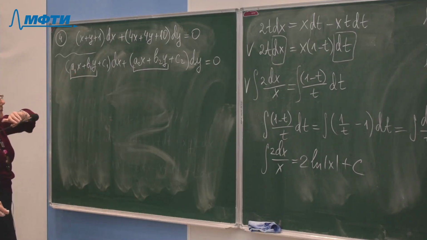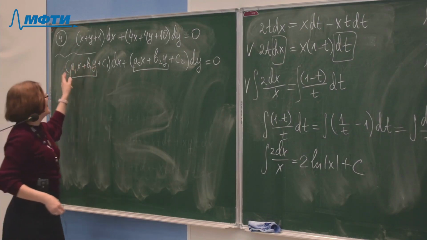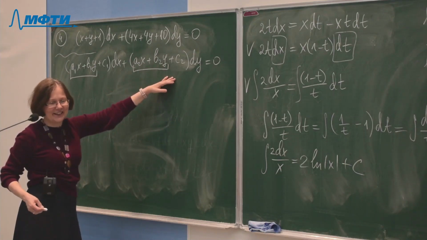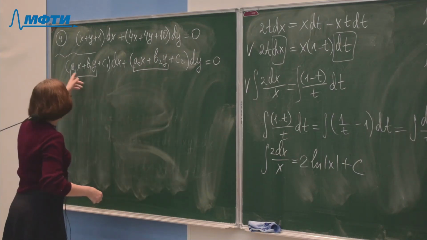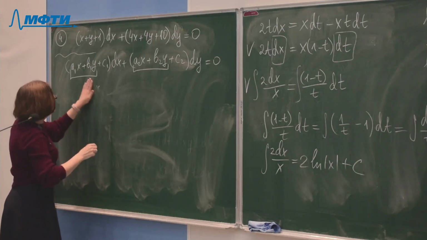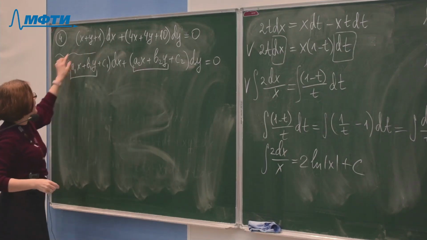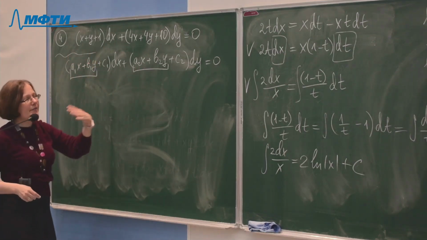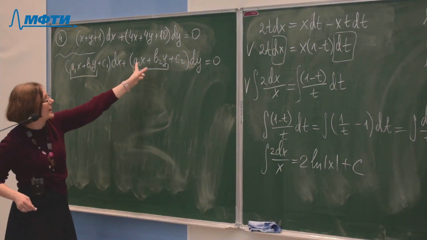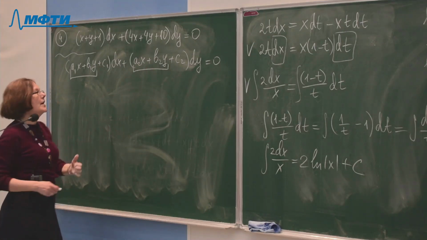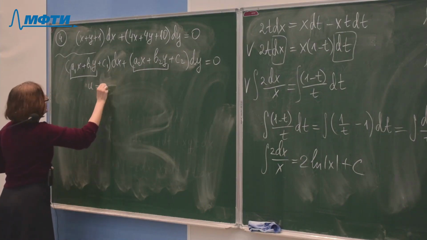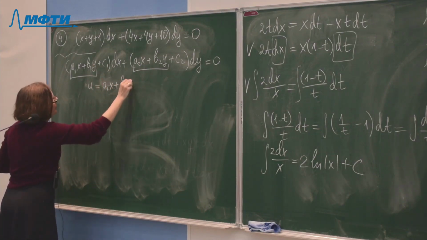Or maybe you should consider these two linear expressions, and if we equate them to 0, we get straight lines. If they are parallel, so if the coefficients a1, b1 and a2, b2 are proportional, then we should make a substitution u equals a1x plus b1y.